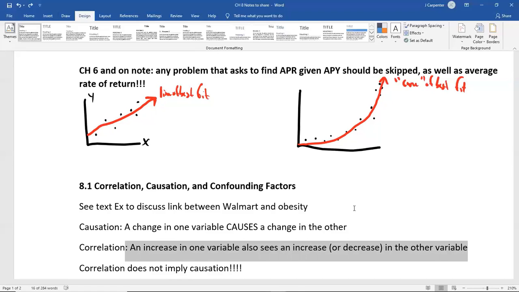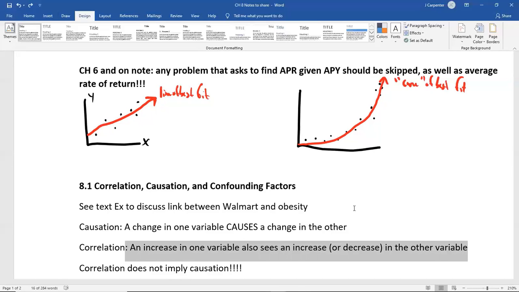So causation means thing A is making thing B happen. Correlation means thing A and thing B are happening and they're correlating, which means they are growing or shrinking in similar fashions. And again, one could be growing and the other could be shrinking.